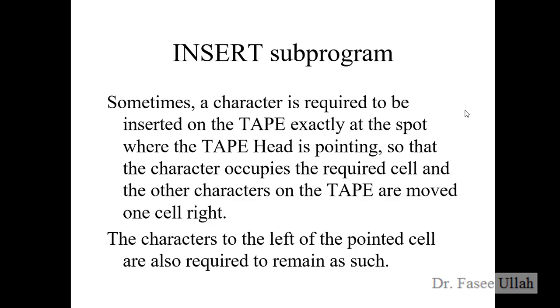When we do insertion at position y, all of the characters will move towards the right. It will empty that position y, or cell y, and all of the characters after that will move by one position to the right side. This is the mechanism.